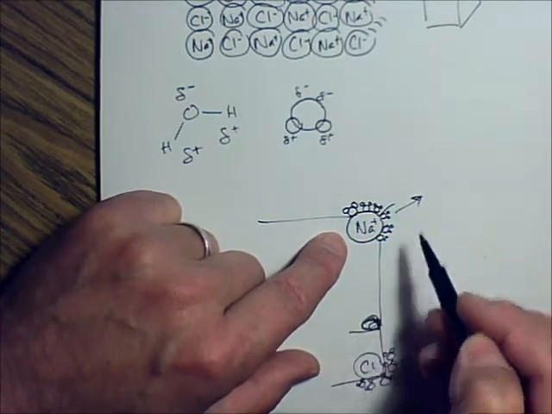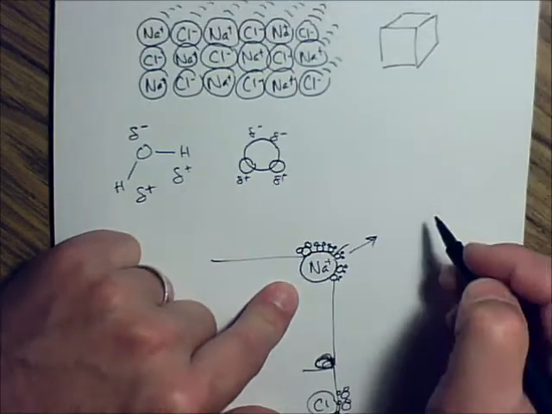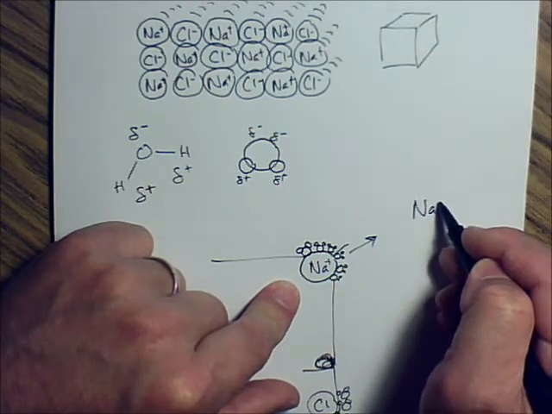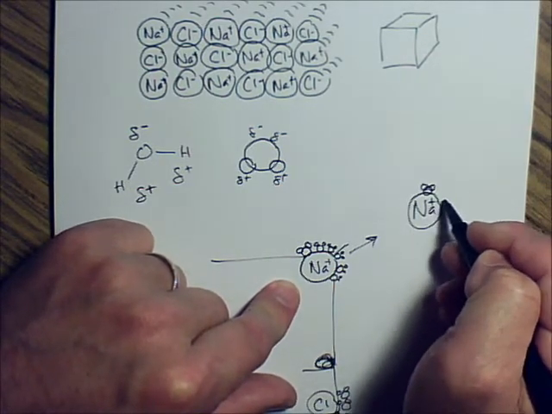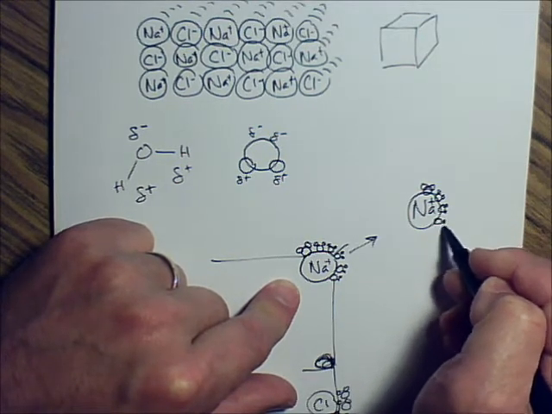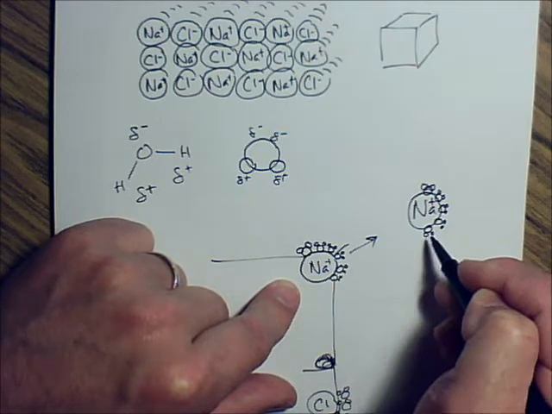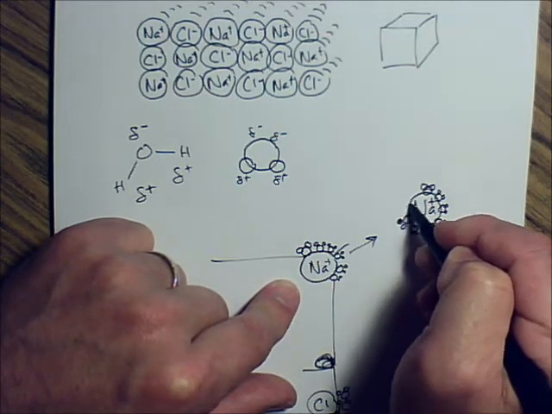It leaves the structure of the crystal. And when it leaves, the sodium ion that's now in the water is completely surrounded by water molecules. And they form a kind of skin or shell around the sodium ion.